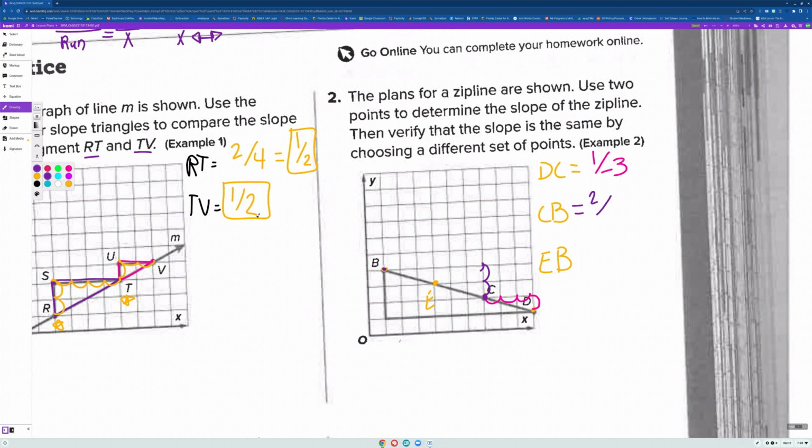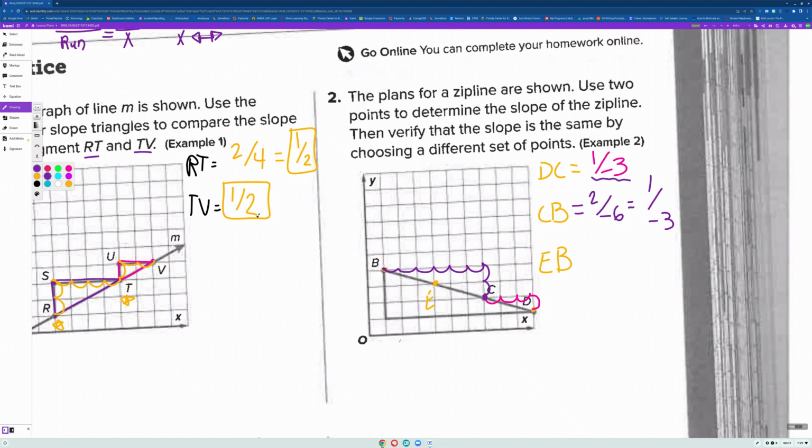So let's go -1, -2, -3, -4, -5, -6. So 2 and -6 can simplify because there's a factor in common for both, and that would be 2. So I'm going to divide my numerator by 2, and I'm going to get 1, and then I'm going to divide my denominator by 2, and I'm going to get -3.